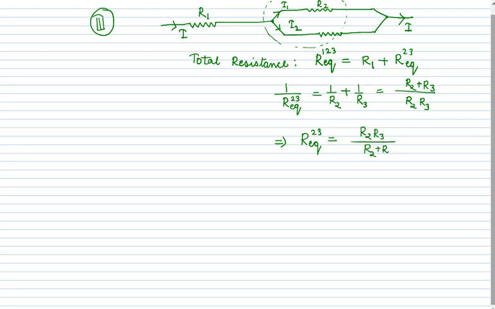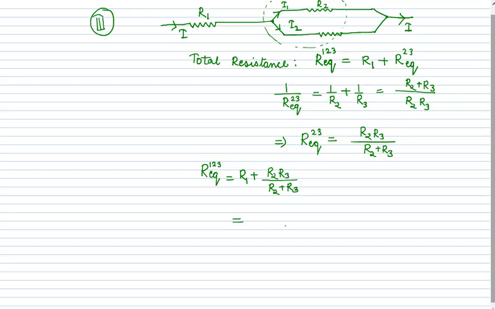Now simply add it in the final equation. So we will have R equivalent of all these 1, 2, 3 as R1 plus R2 R3 upon R2 plus R3. Right? So this is R1 plus this equivalent. So that is the total equivalent resistance. So how would you do this? Simply solve this.